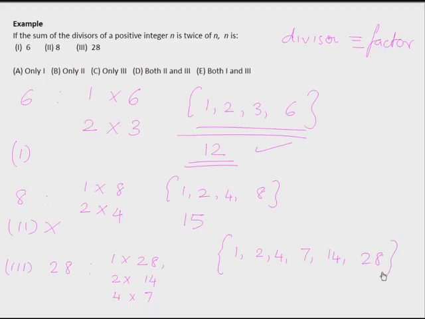And the sum is 14 plus 7 plus 7 is 28 plus 28, 56. So 56 is 28 times 2. So 3 again, 28 is a valid number. So both 1, that is 6, and 3, that is 28 work. And the answer is E.